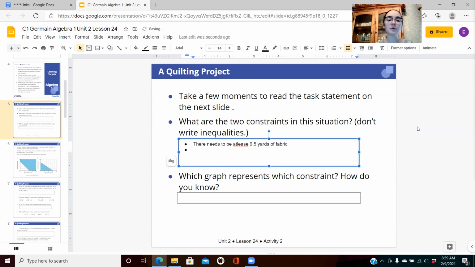Good. That was our first constraint, at least. And our second constraint here.